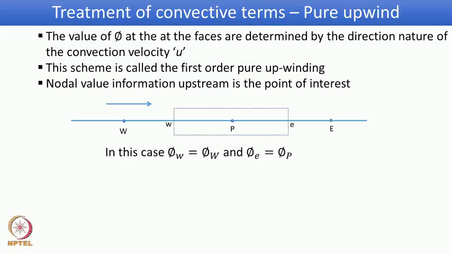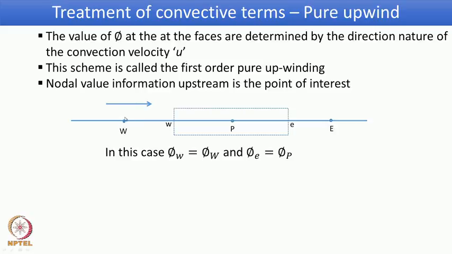to define the value at the face. For example, we will take the same illustration that we just showed for the central differencing scheme. The flow is from left to right, and to evaluate the variable at this face W, it is given the same value as the variable upstream of the face. In this case the upstream node of this face is capital W, that is this node.